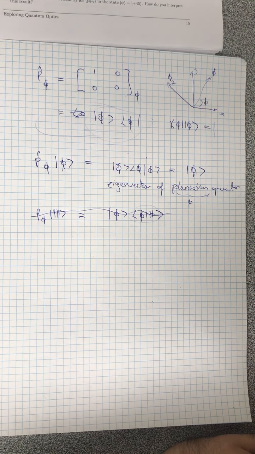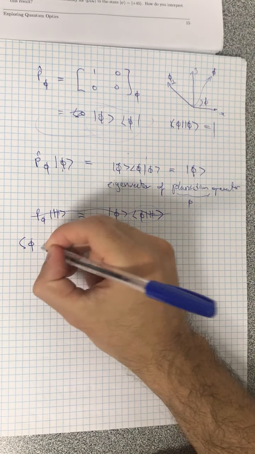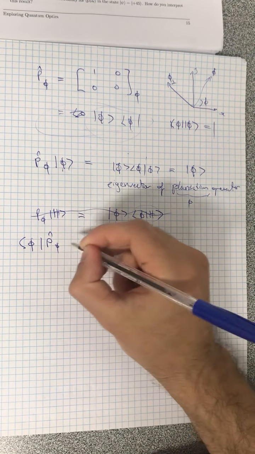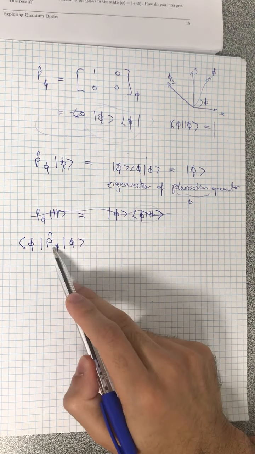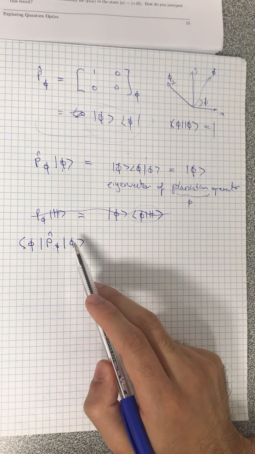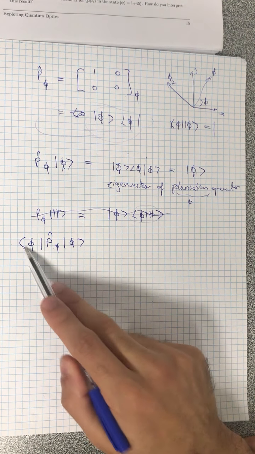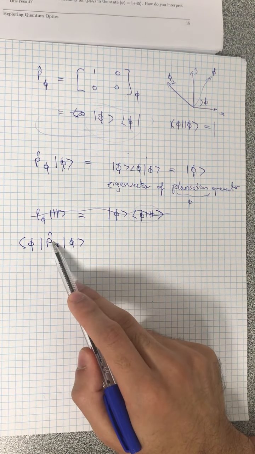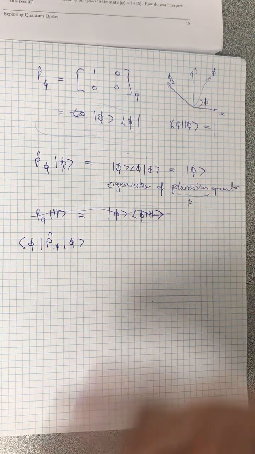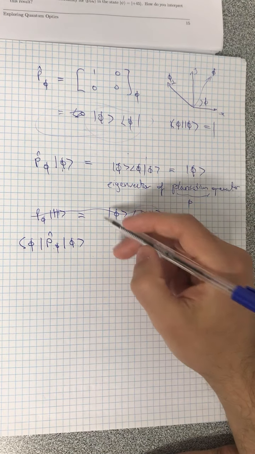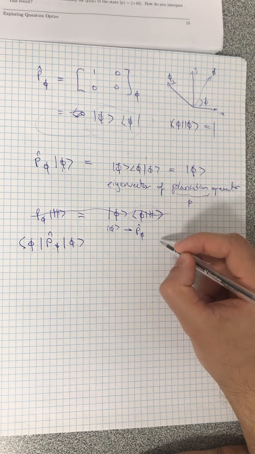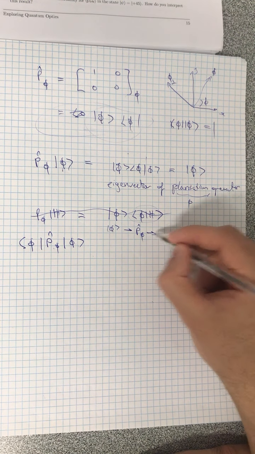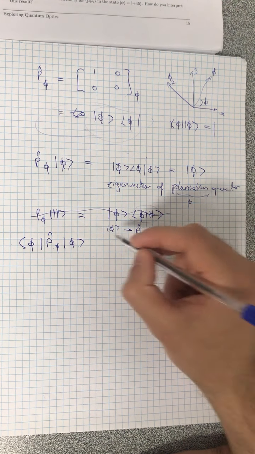So, what's the outcome here? What's the expectation value of the projection operator of phi, given that we're in the phi state? This is the expectation value of this operator in the phi state. So we're measuring lots of ensembles of photons prepared in phi, and we're doing the projection operator and taking the average.